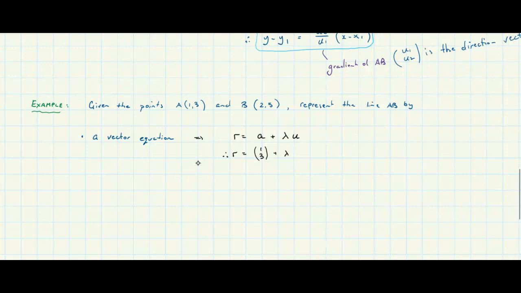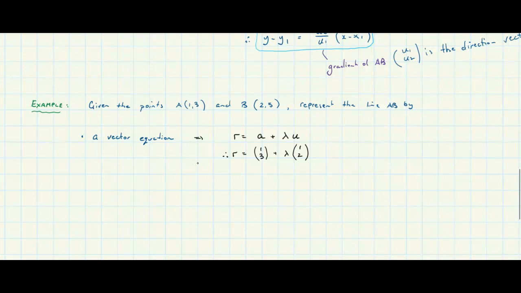So what is the direction of AB? Well, that's given to us by A to B, (1, 2). So that is our vector equation.